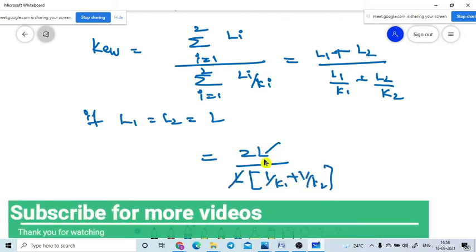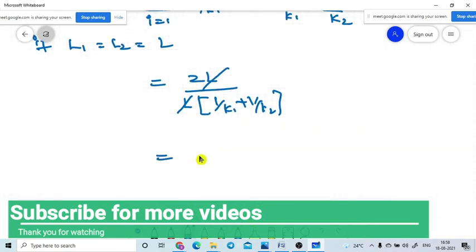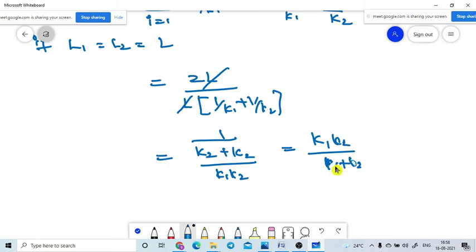So L is cancelled. So what is the formula for this one? That is equal to 2L divided by, K2 plus K1 divided by K1 K2. Can I write like this? Denominator by denominator is equal to 2 K1 K2 divided by K1 plus K2. Yes, sir, 2 is there.